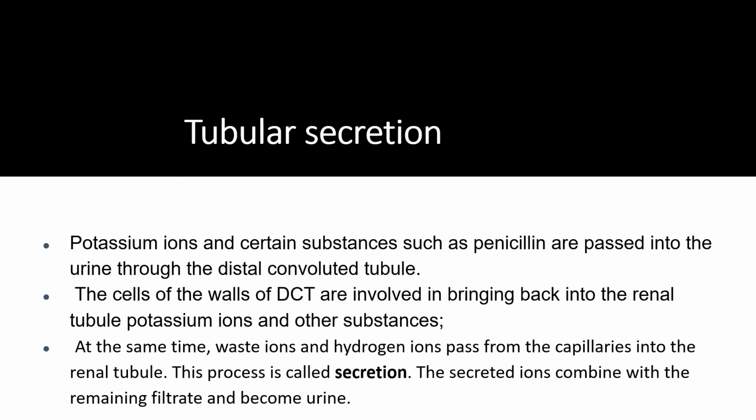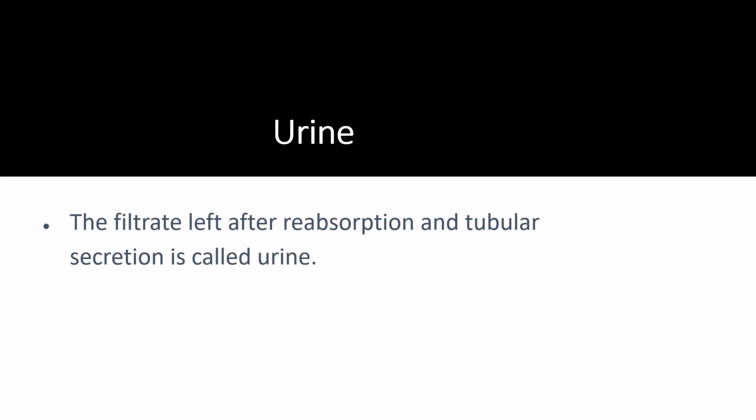This process is called secretion, and the secreted ions combine with the remaining filtrate and form urine. So urine is nothing but the filtrate left after reabsorption and tubular secretion.